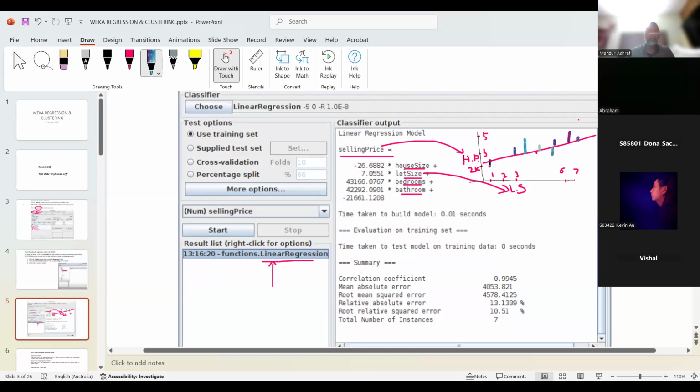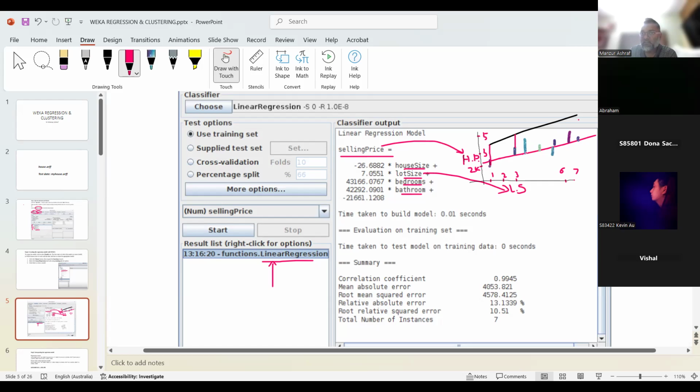Now, suppose another algorithm revealed another line. Suppose that line is this line. Now just try to understand what the actual error is in this case. From this point, the actual point, to this predicted point, this line is the error.